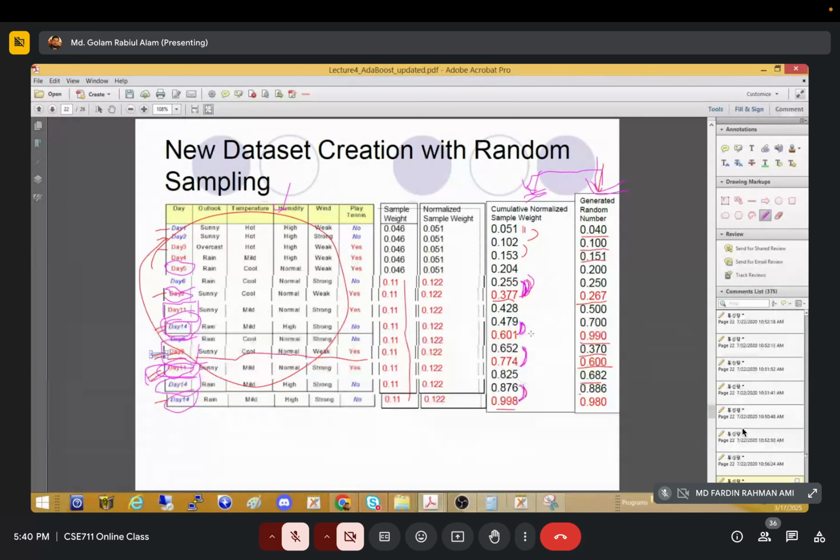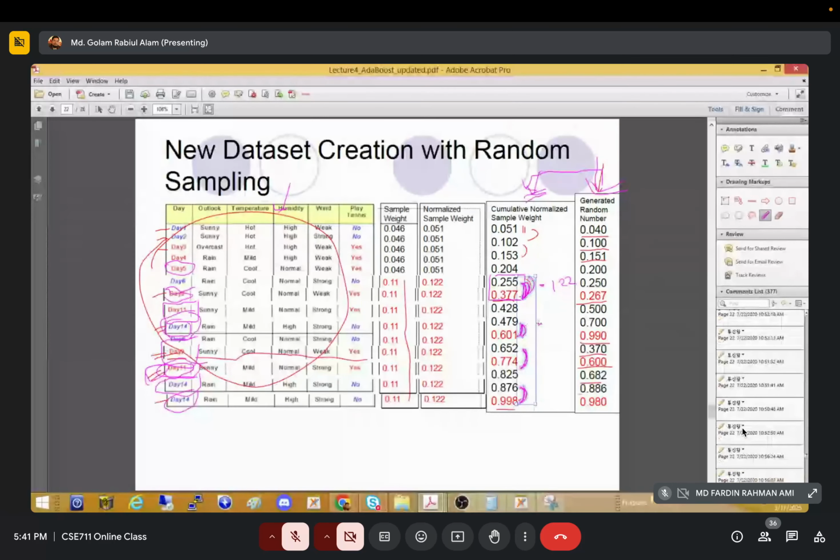The range between these two, if we subtract, the difference is 0.122. The range between these two is also the same, 0.122. And the range between these two is also the same, 0.122. And here is also 0.122.